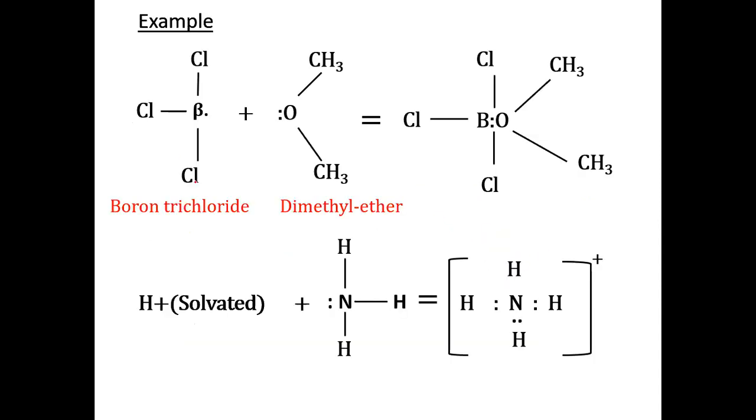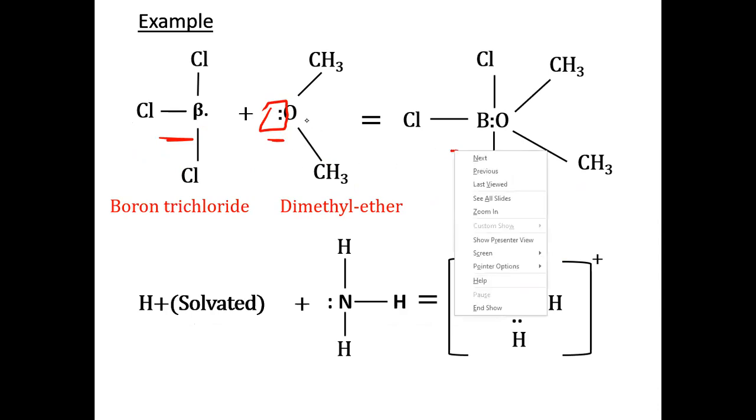An example, let's look at the species here, boron trichloride, which was able to bond with dimethyl ether. We can say that dimethyl ether has a lone pair here that it was able to donate to the boron trichloride to form the compound we are having here.